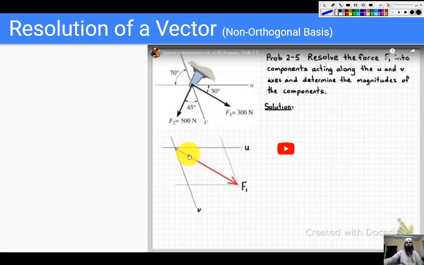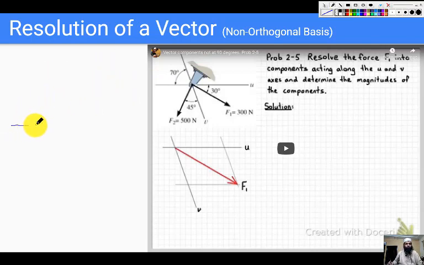So for example, we have this vector F1 and we want to resolve this vector F1 into u vector and v vector, where the angle between u and v vector is not 90 degrees. Okay, so to explain this point, let me just clarify the picture for you.